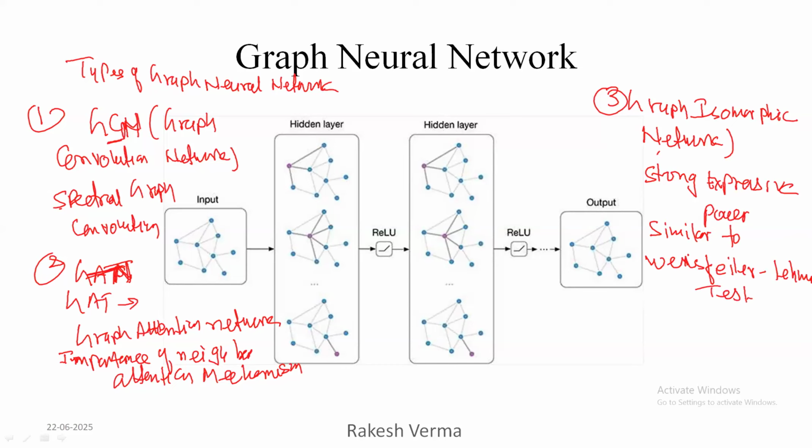So those are the different types of graph neural network. Clear?